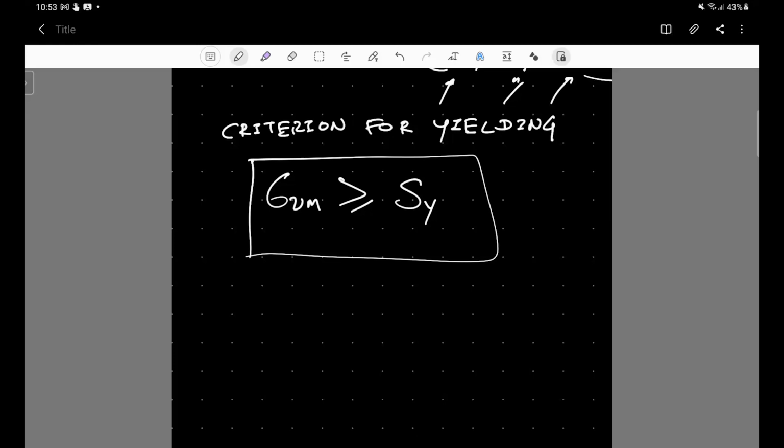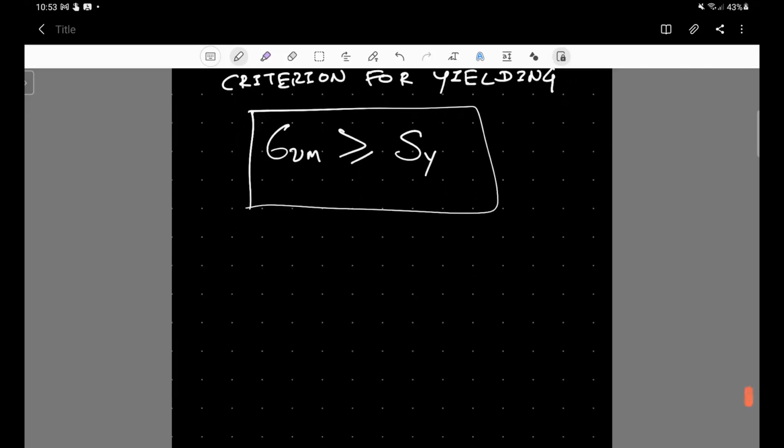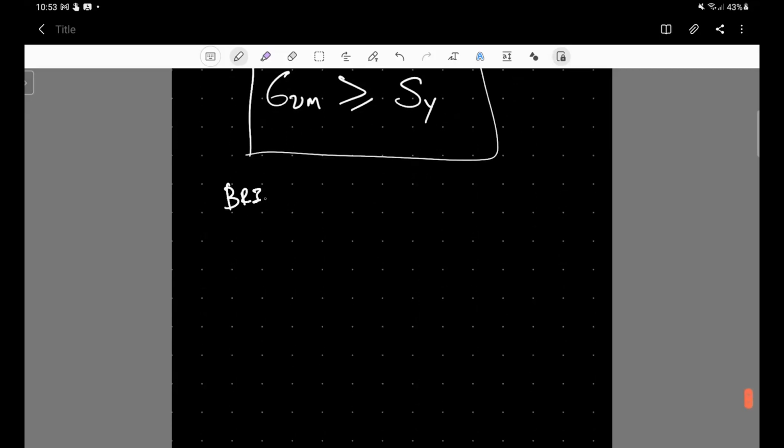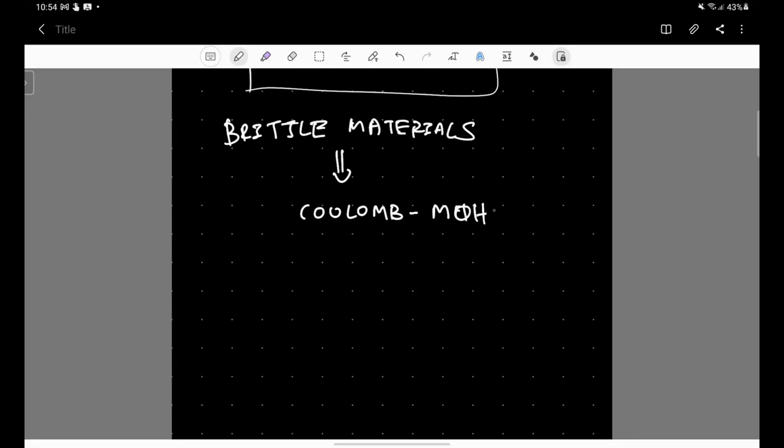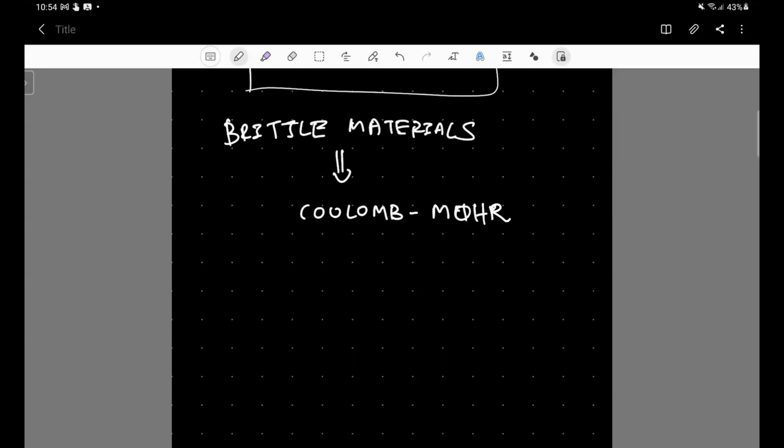For brittle materials such as cast iron, glass or other types of ceramics, having different tension and compression properties, one can use the Coulomb-Mohr theory, the Coulomb-Mohr criteria, to predict the failure behavior of such material made out of brittle components.